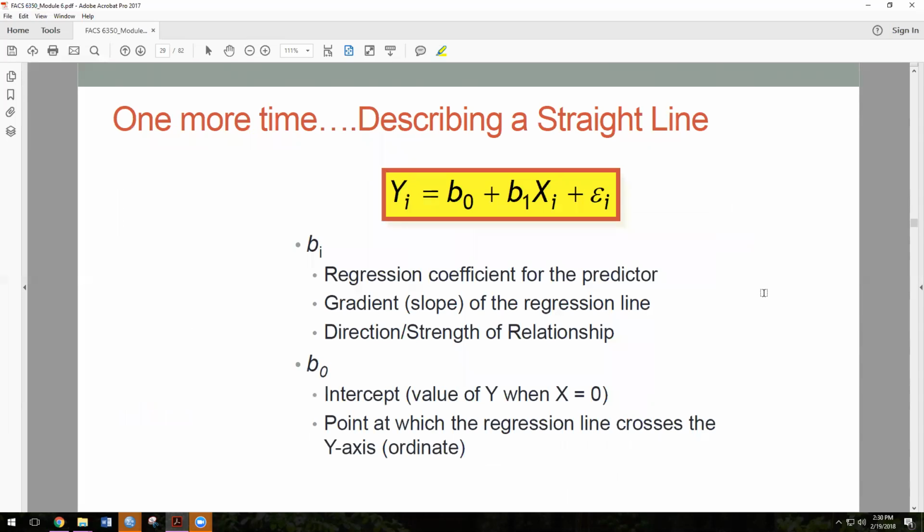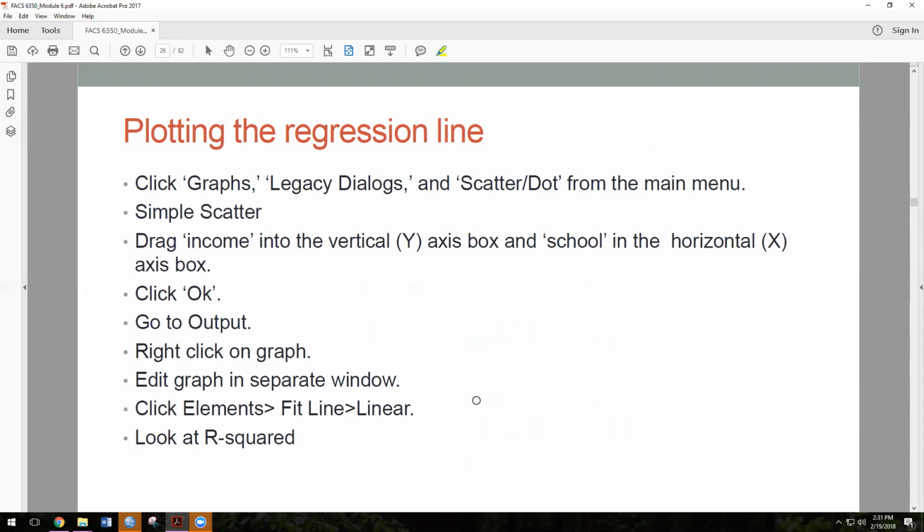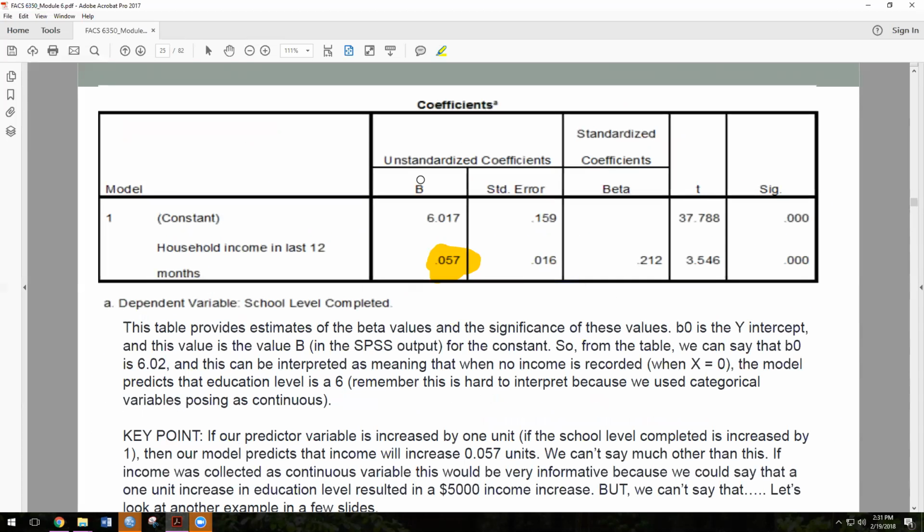Just to wrap it up one more time, when you have a straight line, you're going to have this equation, and your little b is your regression coefficient for the predictor. It's the slope of the regression line. Your B0 is your intercept, and that's the value of y when x equals 0. Looking at my chart, this right here is my B1, and this is my B0, my y-intercept.